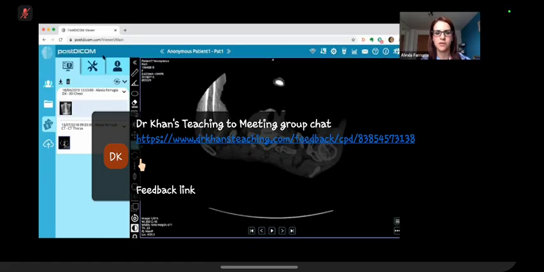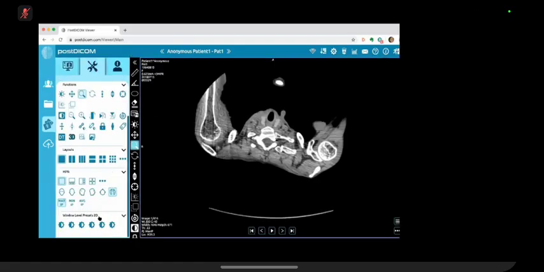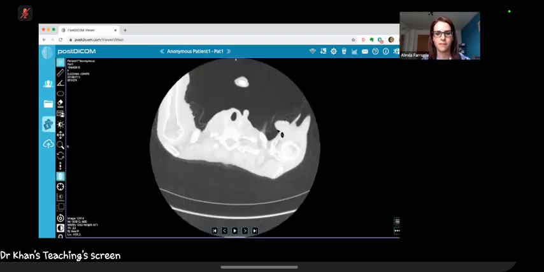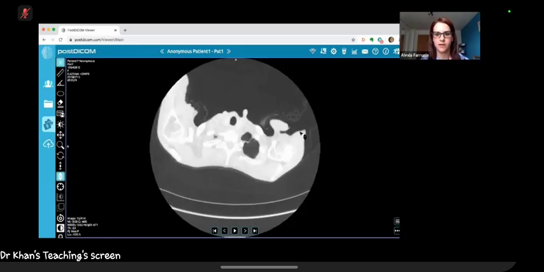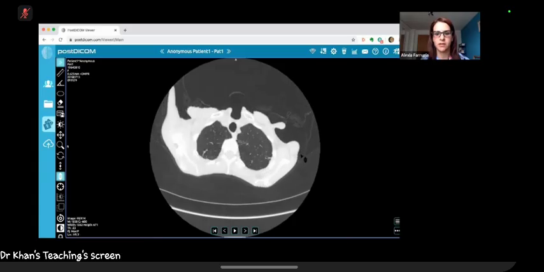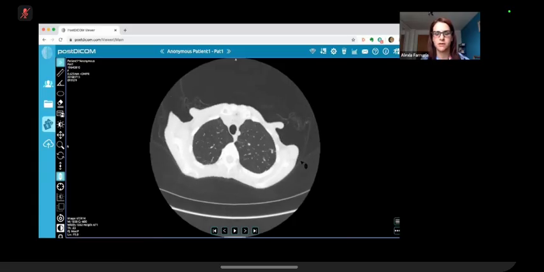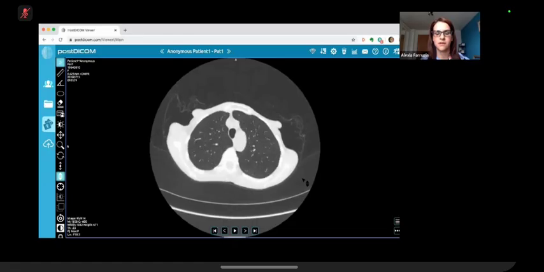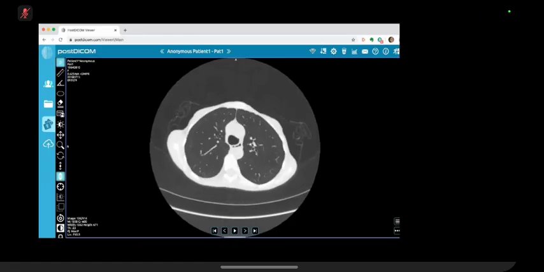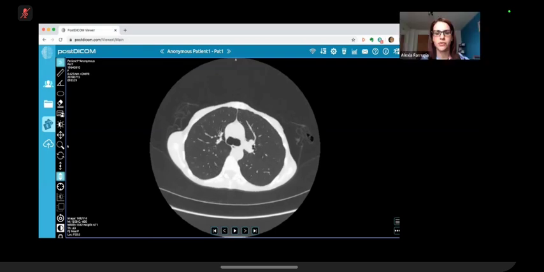And if you focus on the lungs, I'll just change the window for you. Have a look. So the chest X-ray wasn't really indicative of anything specific, was it? I'll just scroll through.